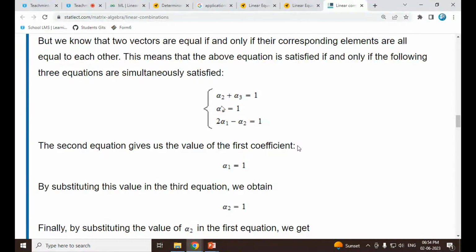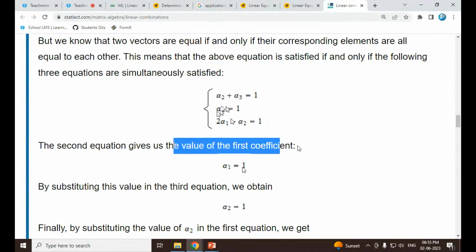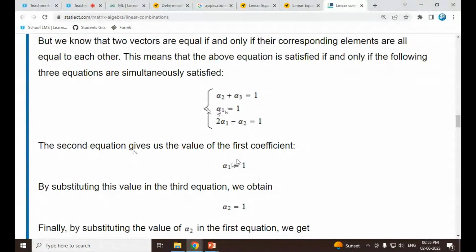Is that right? If I substitute this alpha 1, where should I substitute? Equation 1 is not possible. The second equation gives us the value of the first coefficient, that is ready.